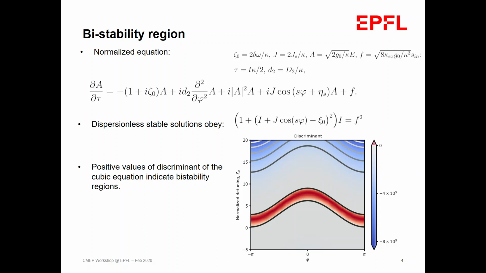It appears that due to modulation, different parts of the ring are at different branches of stability. For example, for a given normalized detuning equal to 5, this part of the resonator is at the lower branch of stability, and these parts are in the bistable branch.